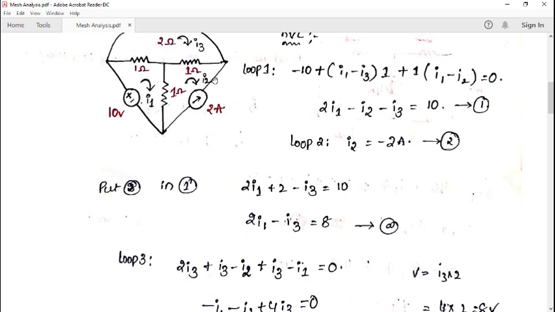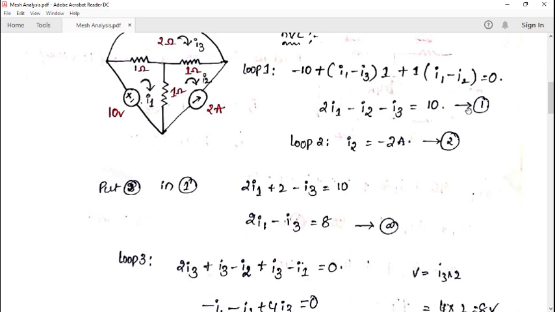So directly we can write it as I2 equal to minus 2 ampere, isn't it? Observe once again, current through this branch is I2, and since there is a current source in this branch which is in opposite direction of I2, we directly write it as I2 equal to minus 2 ampere.